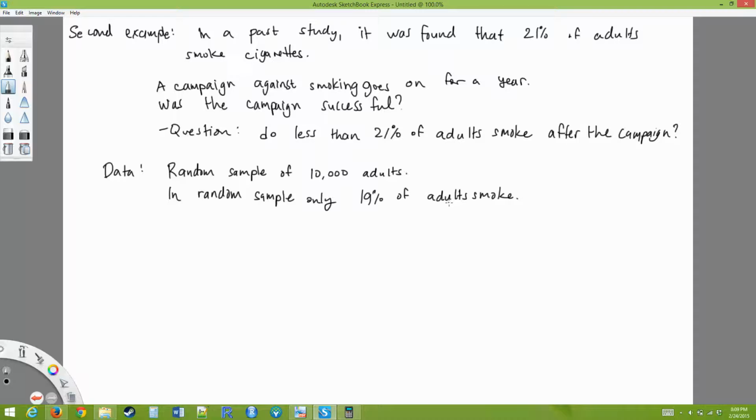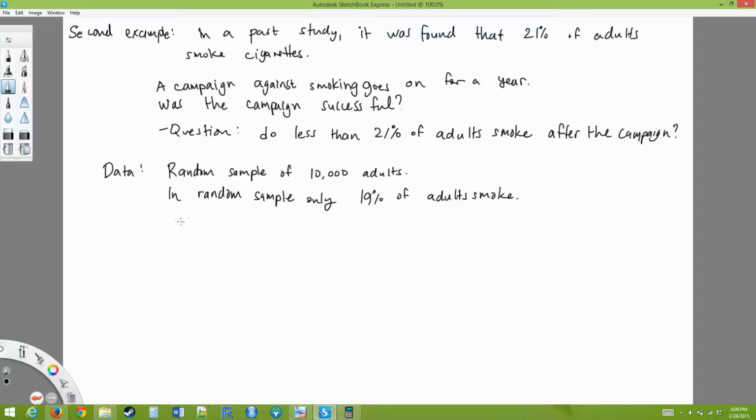Does it seem like the percentage of adults who smoke is significantly different from 21%? No. Maybe, maybe not.